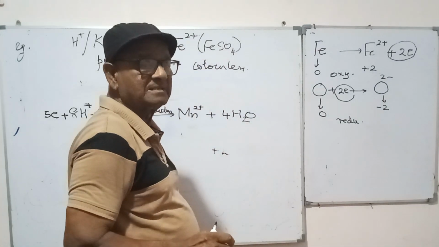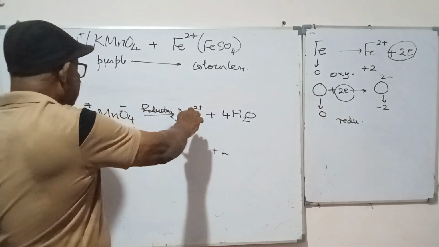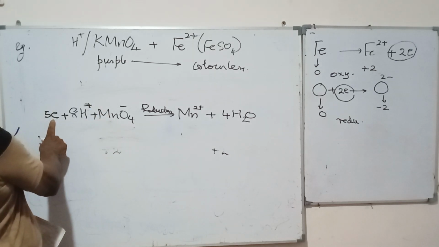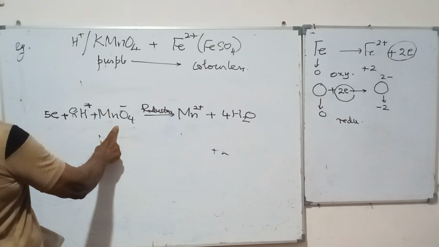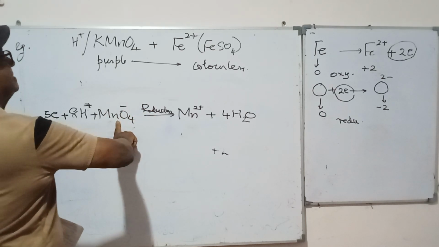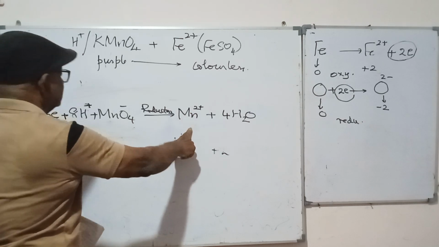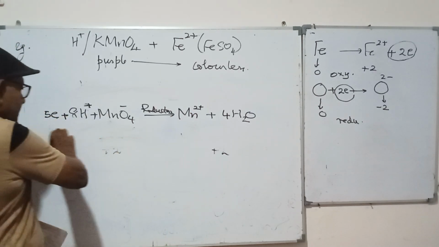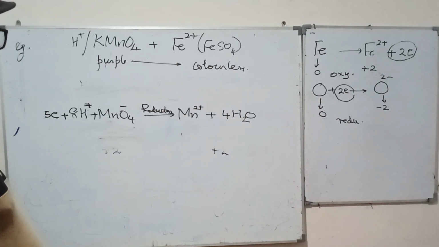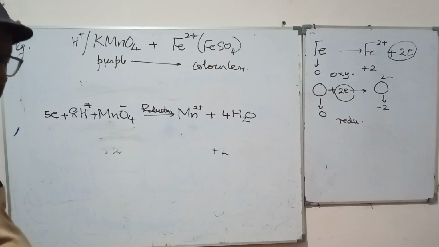Even if the reaction is complicated, addition of electrons takes place during the reduction. Mn undergoes reduction during this reaction. This is the reduction half reaction, to show MnO4 minus becomes Mn2 plus.